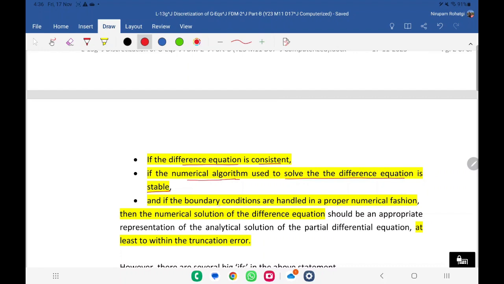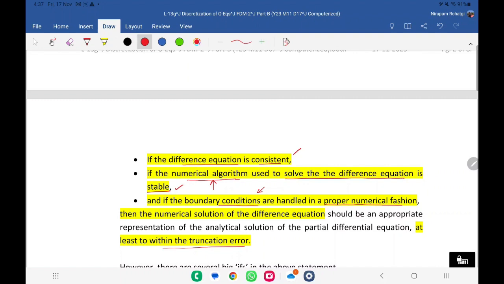Now, if the boundary conditions are handled in a proper numerical fashion, then the numerical solution of the difference equation should be an appropriate representation of the analytical solution of the partial differential equation, at least within the truncation error. So it is saying that three things are required. One is that your difference equation should be consistent, your numerical algorithm should be stable, and your boundary conditions have been properly taken care of.